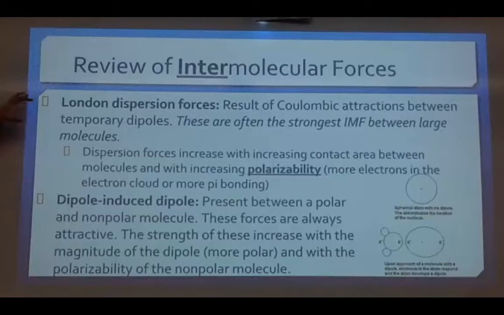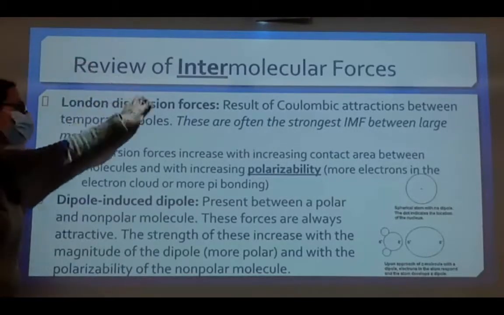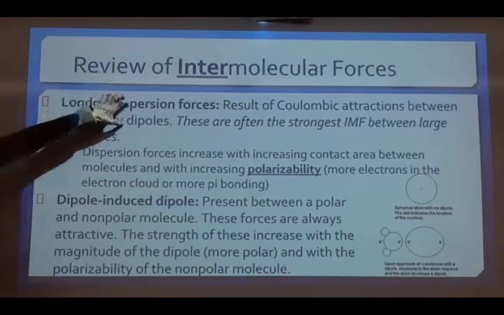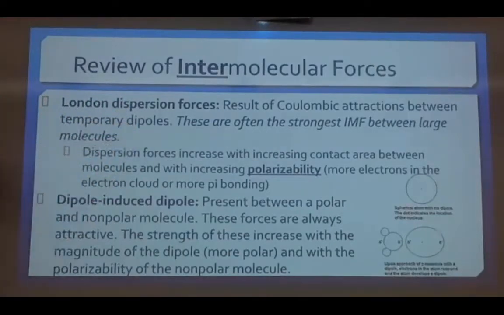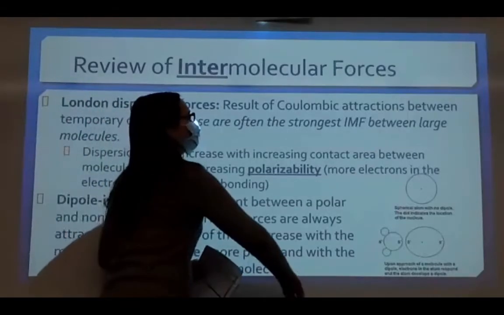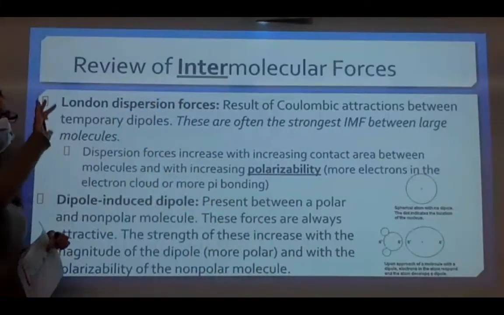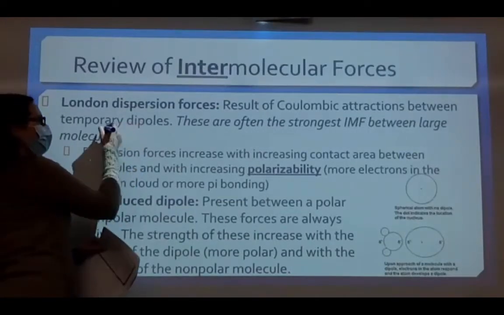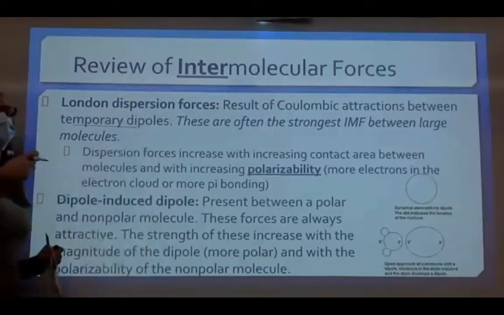So the first thing we start with are London dispersion forces. Whether you call them London forces or dispersion forces, LDFs, that's up to you. They all mean the same thing. Dispersion forces are the result of attractions between temporary dipoles. A temporary dipole means that something is not fully polar. It's what they call instantaneous.